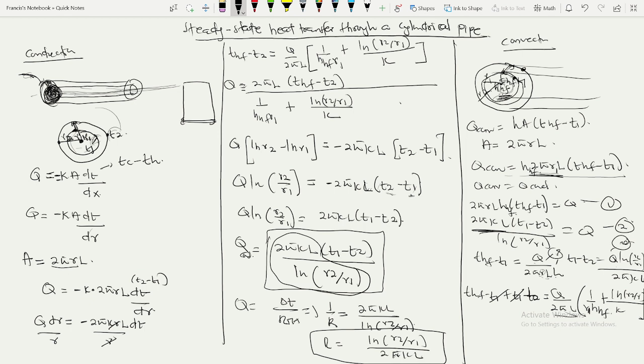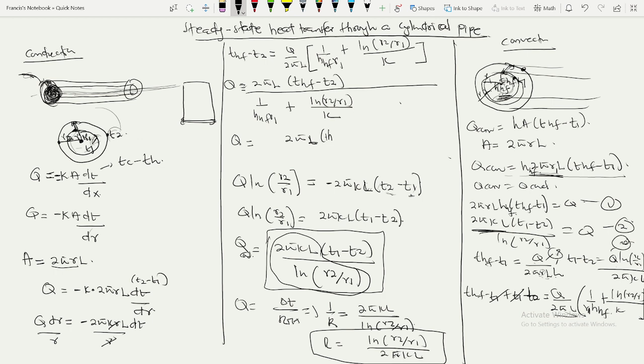Now, when you look at the heat of conduction that we did for the cylindrical, we can see that our Q heat transfer is equal to 2 pi L. Our 2 pi L wouldn't change no matter the number of pipes you are looking at, if you are just looking at one pipe and the fluid is flowing through.